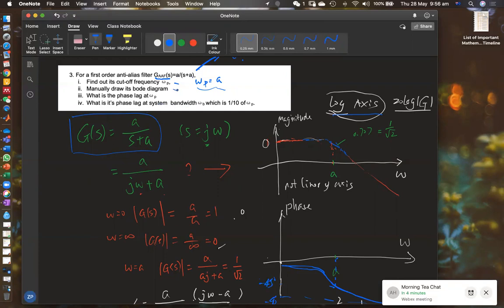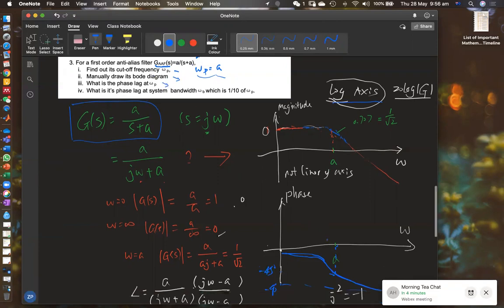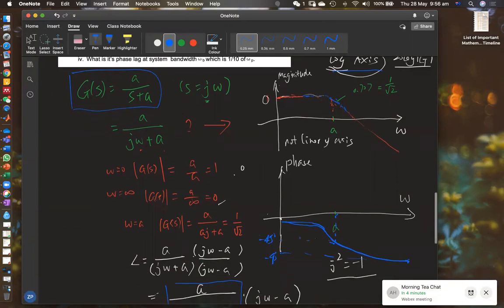Manually draw the Bode diagram, which we just did, and the phase lag at omega p. The phase lag at omega p is 45 degrees. So if you put this filter in the system, at omega equal to A it'll cause 45 degrees phase lag. This is very likely to make the system unstable.